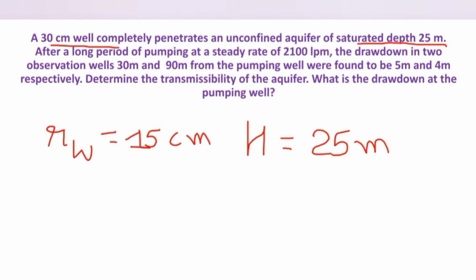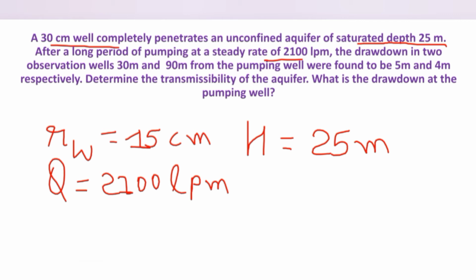After a long period of pumping at a steady rate of 2100 liters per minute, so Q is equal to 2100 liters per minute. The drawdowns in the two observation wells were found to be 5 meter and 4 meter respectively. So S1 is equal to 5 meter and S2 is equal to 4 meter.